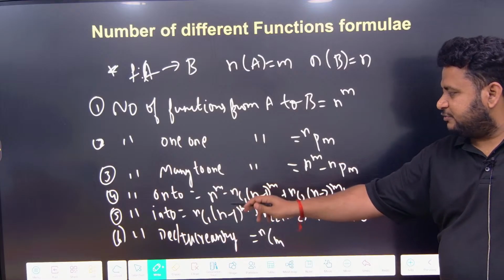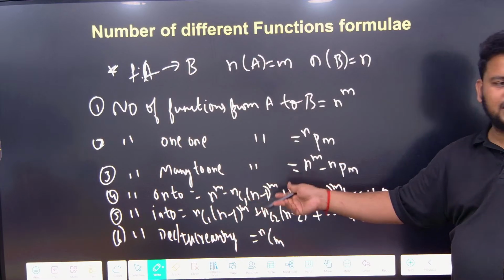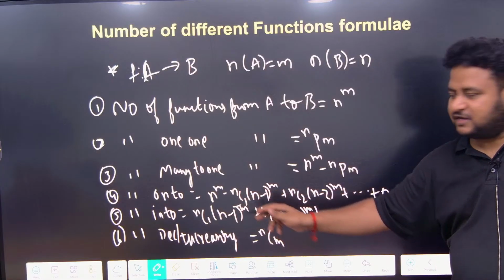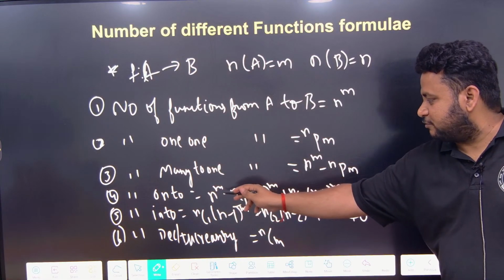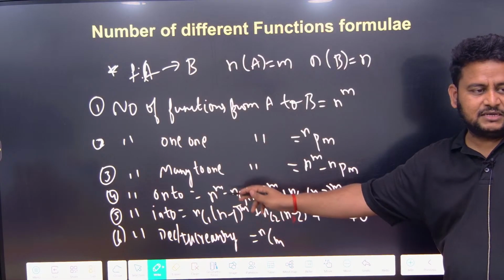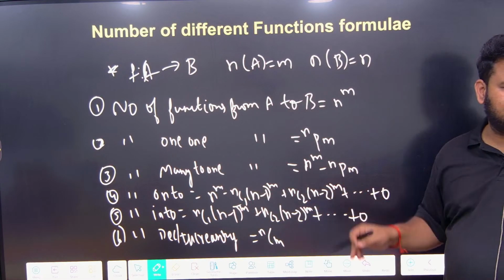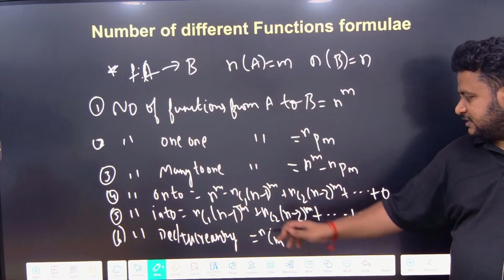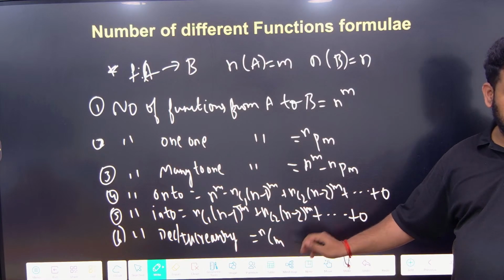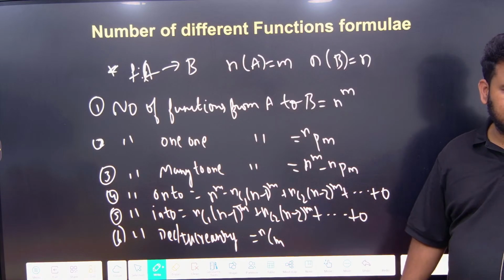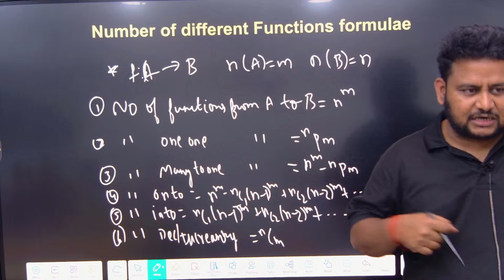Into is, out of total, remove this thing. If I remove this, n power m minus n power m minus into, minus becomes plus, so n power m cancels, I will have only this. I should remove onto functions if I want into functions. Increasing, decreasing is ncm; only here combination comes. Here it is npm, one-one is npm. Clear? They have asked questions directly from here.